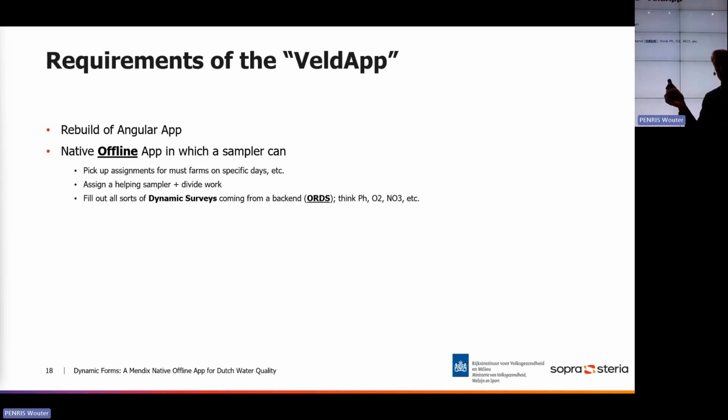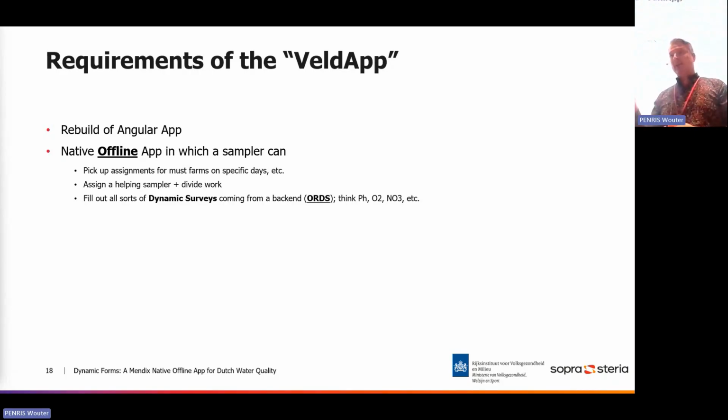So if it turns out that there's ice on a ditch, for instance, he might change the measuring method to something else. Take some grass actually and pull out the water that's in the soil. Something like that can be done, and so it means that there has to be an offline dynamicity in there.